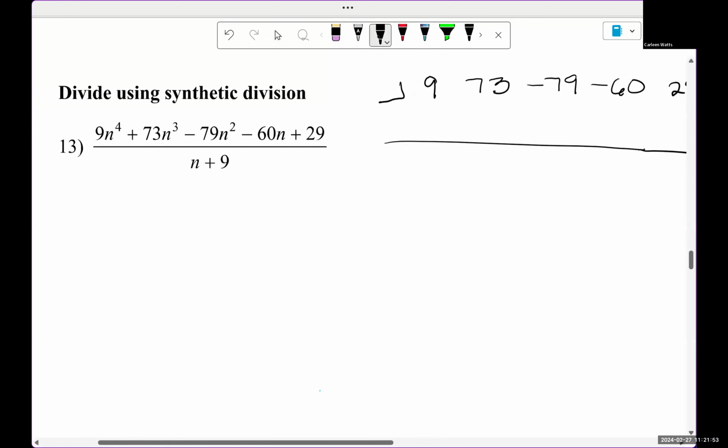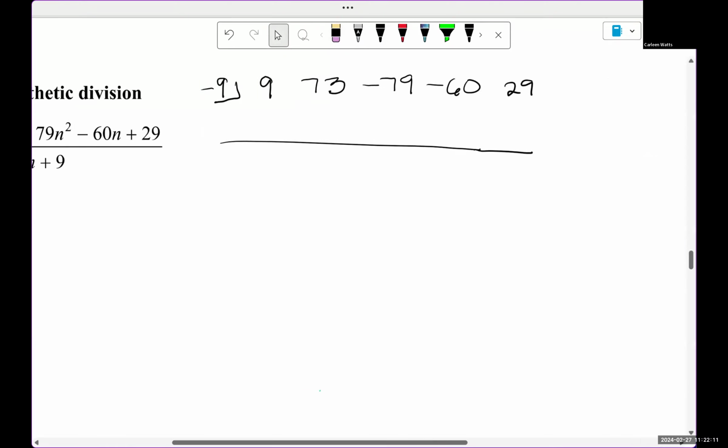Notice the fourth, the third, the second, the first linear term. There are no gaps. If there was a gap, you would have to put a 0. What goes in the box? -9. It is actually the 0, not the factor.